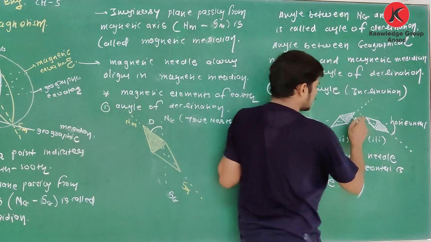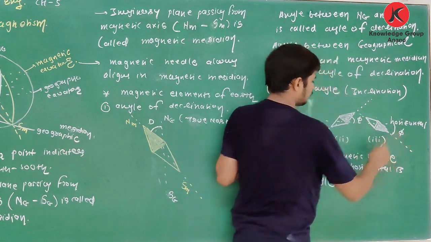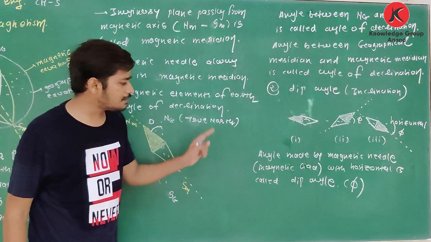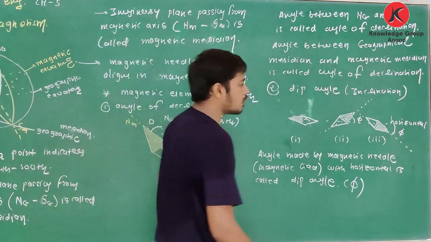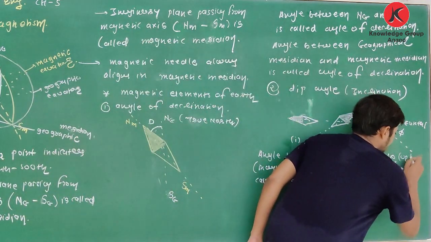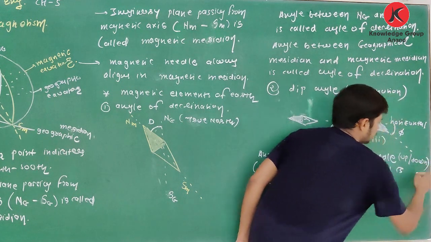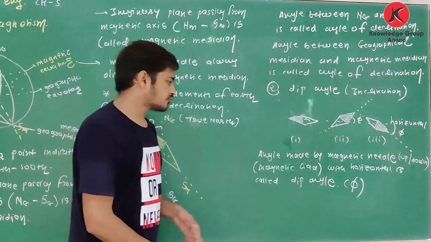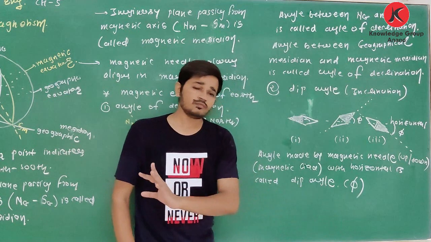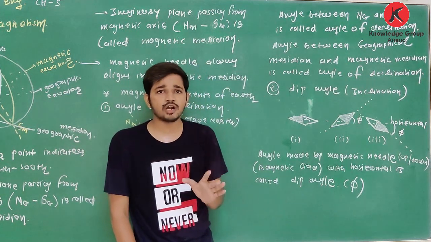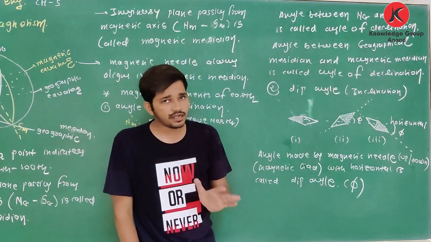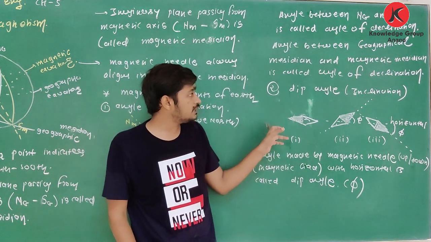The angle made by the magnetic needle up or down with horizontal is called the dip angle, denoted by phi. Clear about this? So it is one important topic.